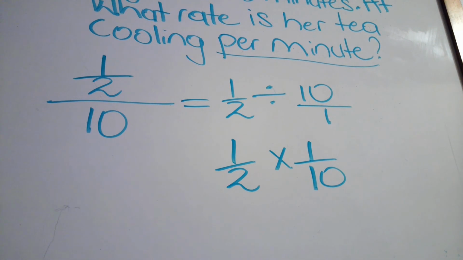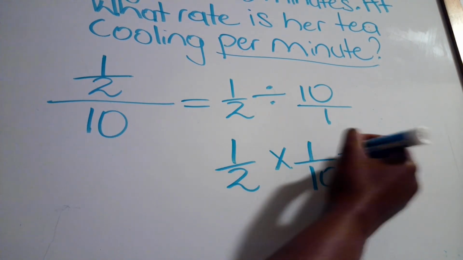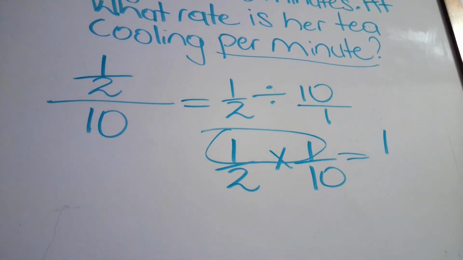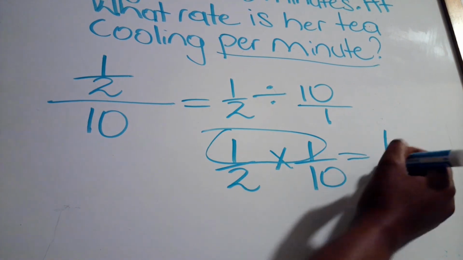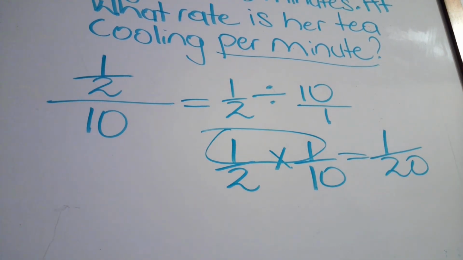We change the division sign to multiplication, and we flip the fraction that follows the division sign. Multiplying fractions, all we need to do is multiply straight across. 1 times 1 is 1. 2 times 10, that's 20. So what is this saying?